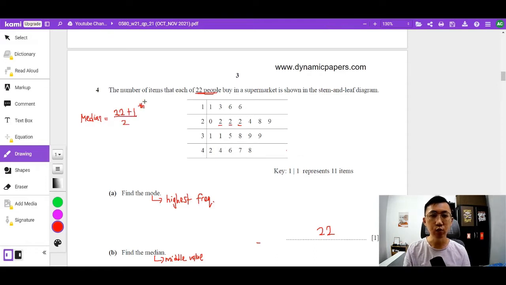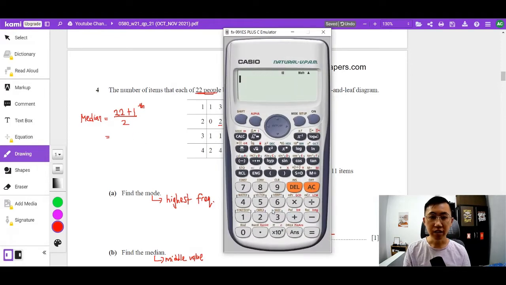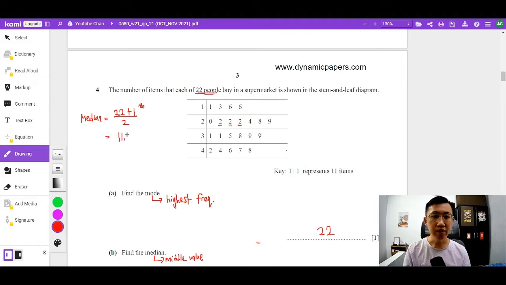I always write the word or the letter th to remind myself the positioning. So this is actually 23 divided by 2. Okay, so just use calculator. 23 divided by 2. We are looking at the 11.5 data. That means it's in between 11 and the 12 data. Okay, find out the 11 and the 12 data.